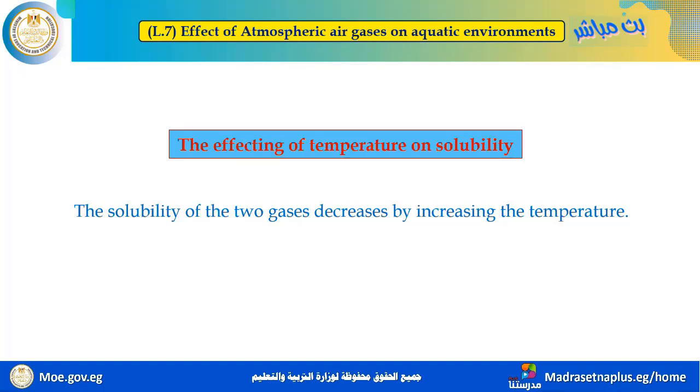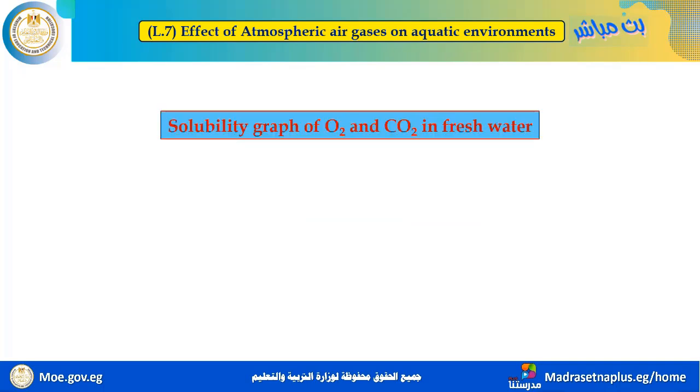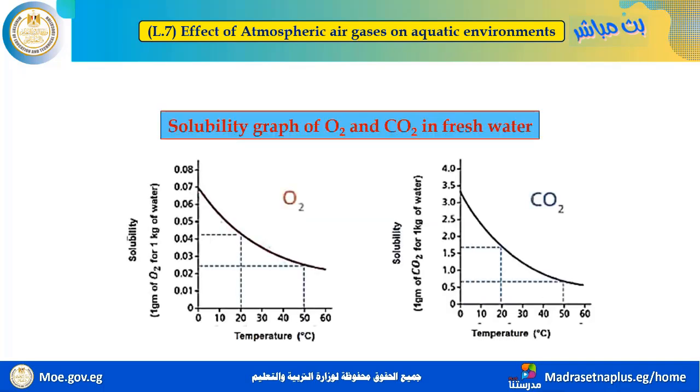Now let's go to this graph to compare the solubility of the oxygen on the left side and carbon dioxide on the right side. For both of them, with increased temperature, their solubility decreases, as you see in the figure.